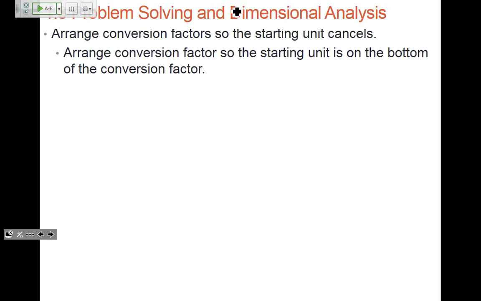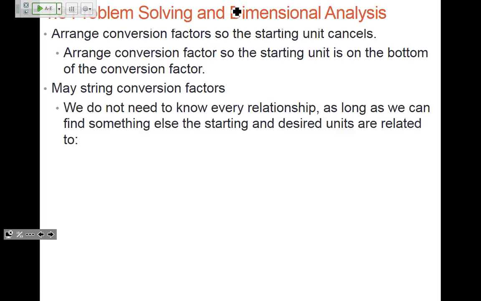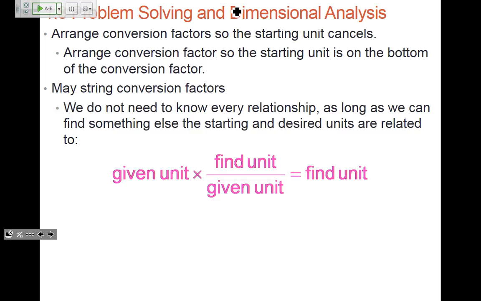So whatever unit is on the top, we're going to put that same unit on the bottom in our relationship. So we can use this as a string as well, as long as we have units that are related to each other. So if we have a relationship, find unit equals given unit, we want our given unit on the bottom so it can cancel out.